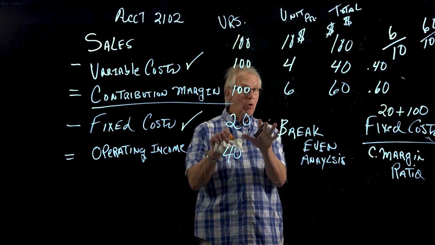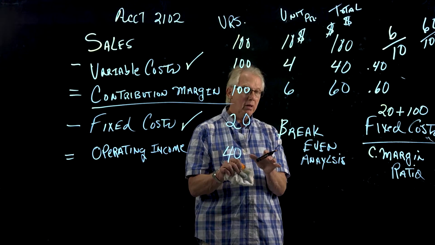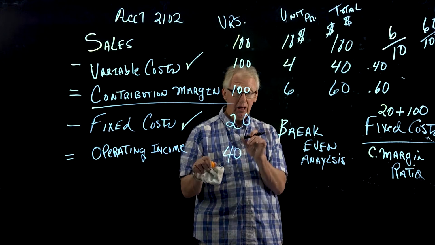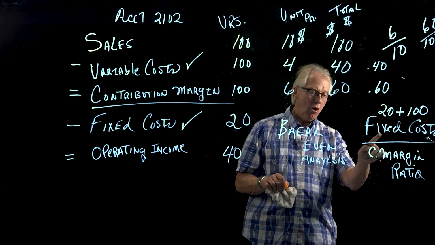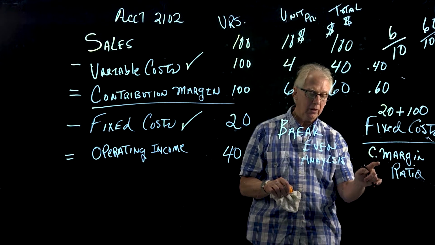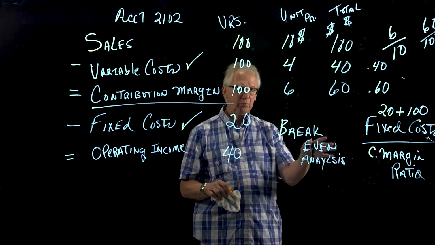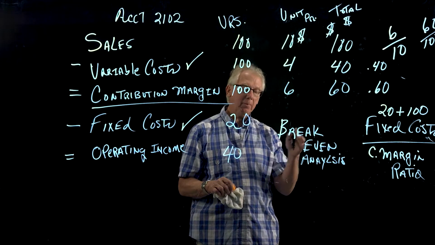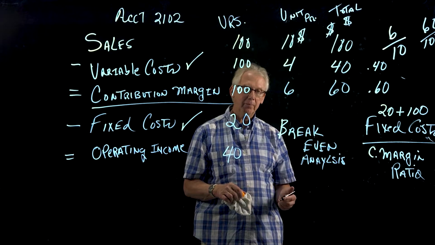Now, if you wanted to know how many units you had to sell, okay, to make $100 in income, you would take fixed cost plus desired profit over the contribution margin per unit. So with this break-even analysis, you can expand the break-even ratio to include desired profit.